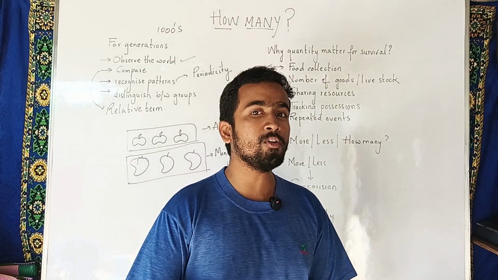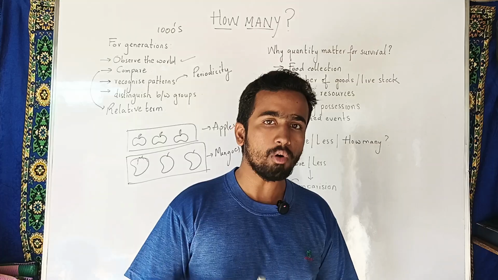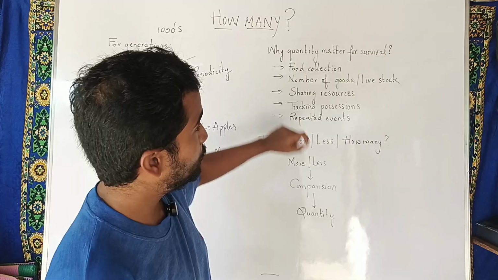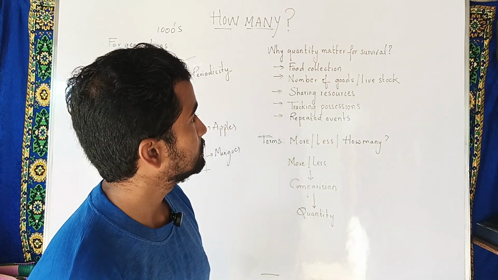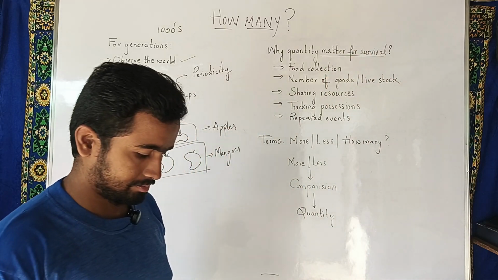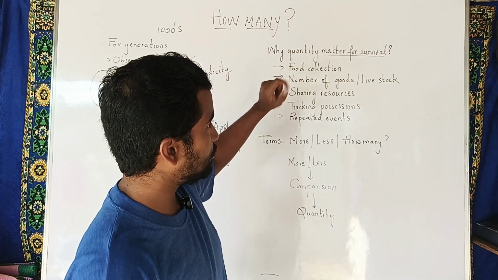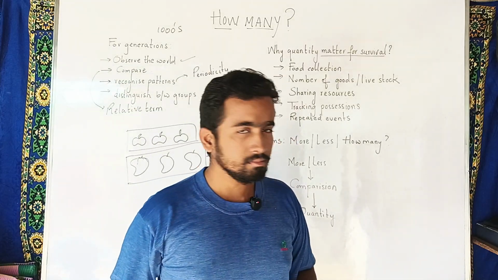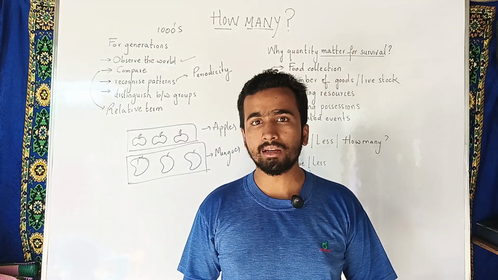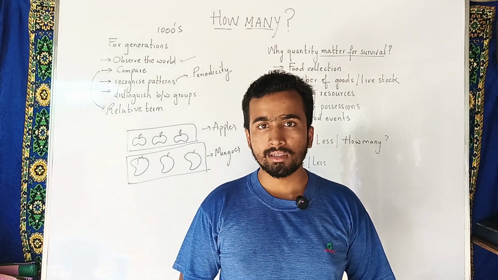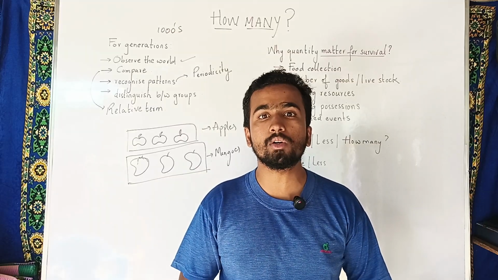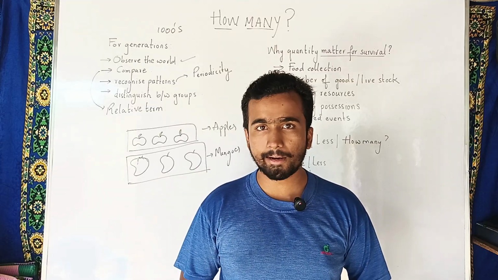Let's look at a few of the factors that made people feel compelled to introduce their own style of number system. The first thing is food collection. As I mentioned here, it matters for survival. Coming to the aspect of food collection, people who completely depend on farming have a very good idea of what quantity is being grown on their own land.